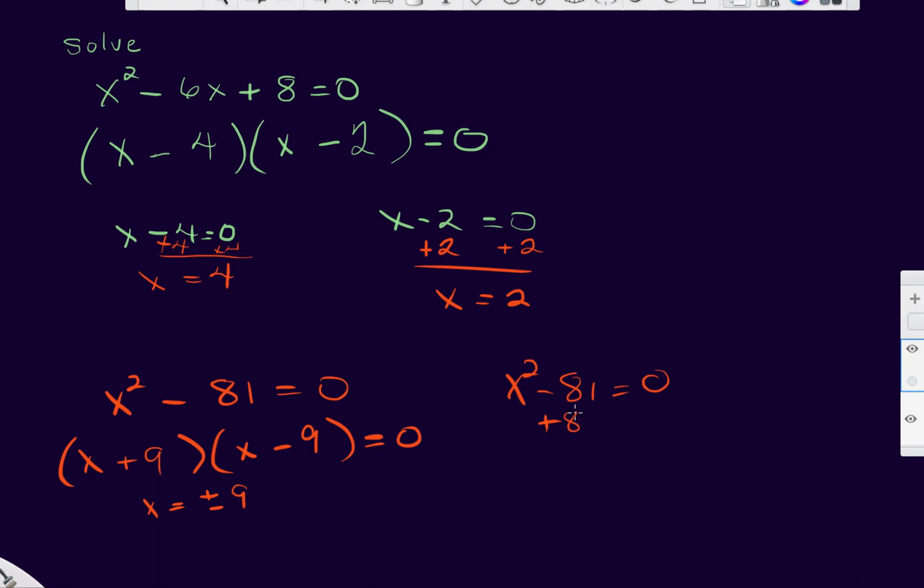Add 81 to both sides. X squared equals 81. Take the square root. And then x is going to be equal to plus or minus 9. So there are two ways to skin this cat. And you'll be good to go.